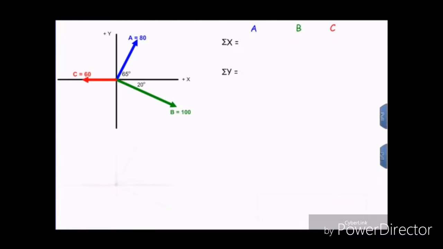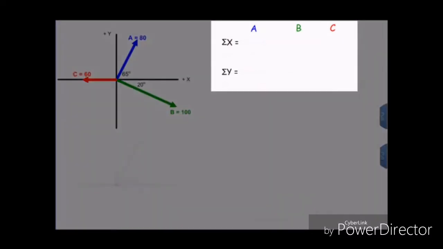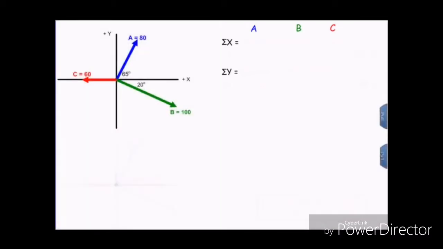Here's the coordinate plane, and I like to set this up using a tabular format where I list the vectors A, B, C across the top, and then go across, adding all the vectors that are acting in the x and y direction. Now these are the vector components that I showed you on the previous slide.